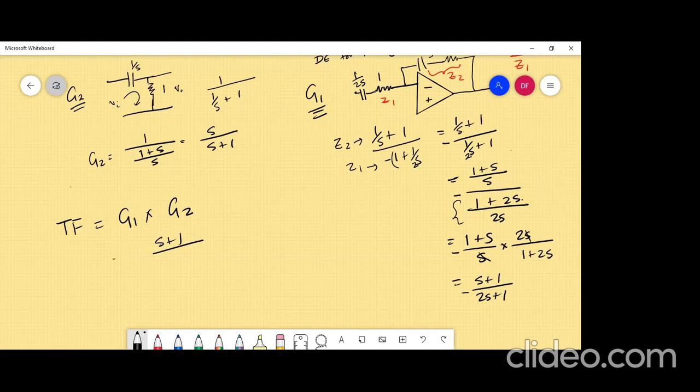All right, minus S plus 1 over 2S plus 1 times S over S plus 1. So therefore it's going to be minus S over 2S plus 1. That's my transfer function for my system.